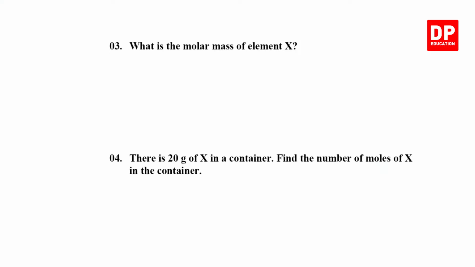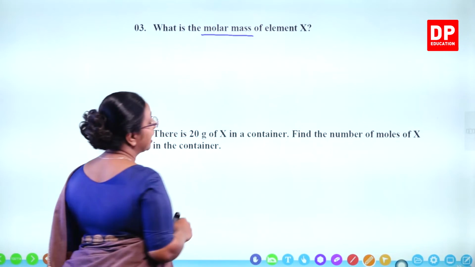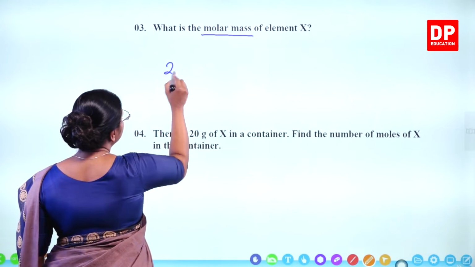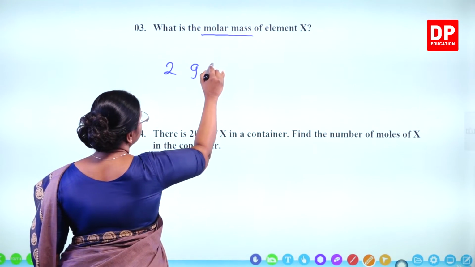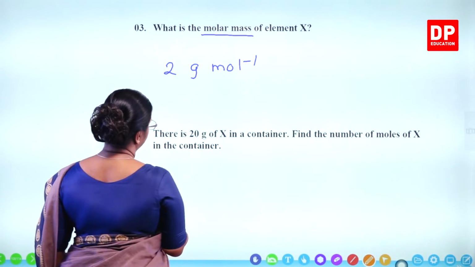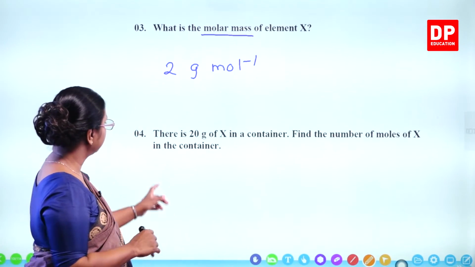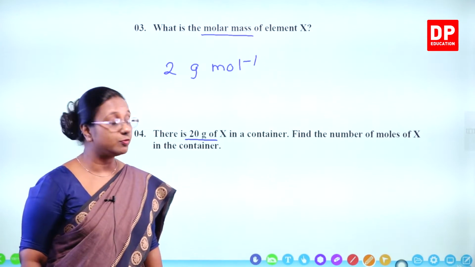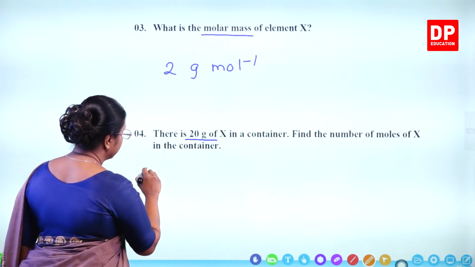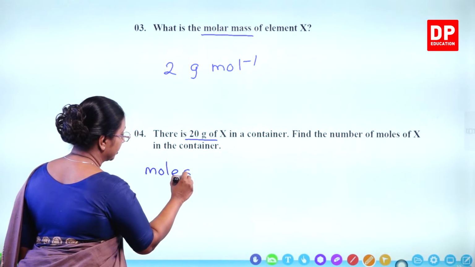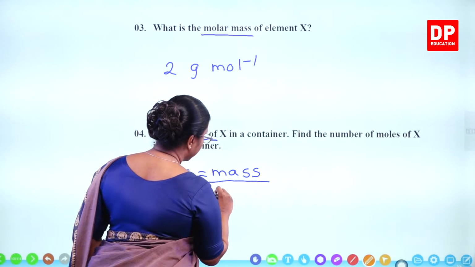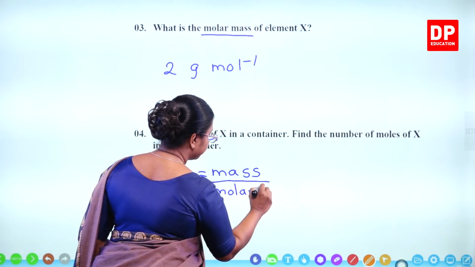Then the next one. What is the molar mass of element X? So we calculated the relative atomic mass as 2. So what is the molar mass? 2 with the unit grams per mole. Then the next one. There is 20 gram of X in a container. Find the number of moles of X in the container. Again, moles, you can use the symbols or the word equation, mass over molar mass.